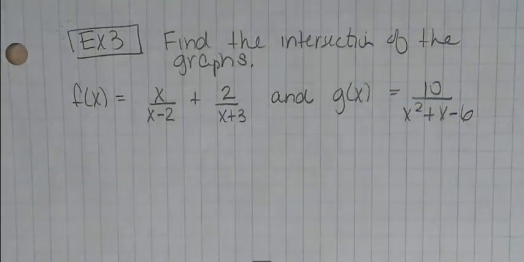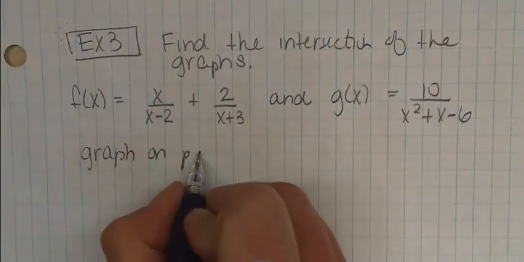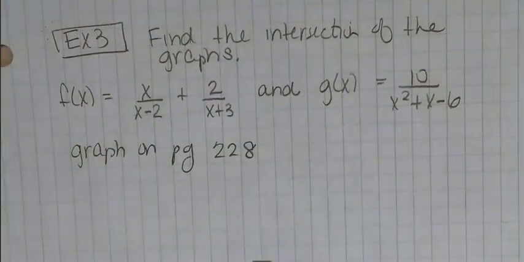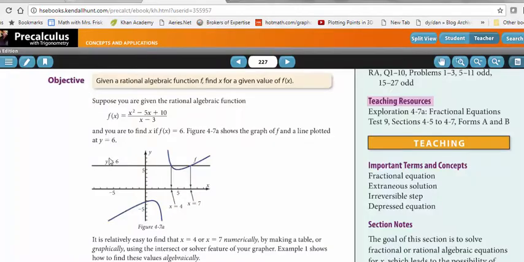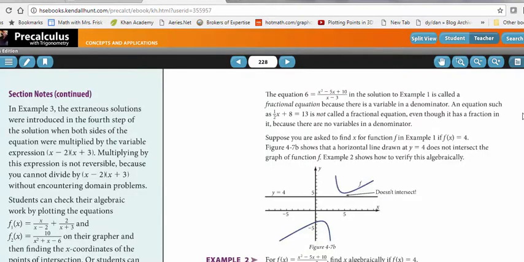All right, so if you graph this, and it's already been graphed for you, there is a graph on page 228. Okay, so we're going to look at that graph. I've got it up here. Let's see. All right, so here, no, that's the wrong one.